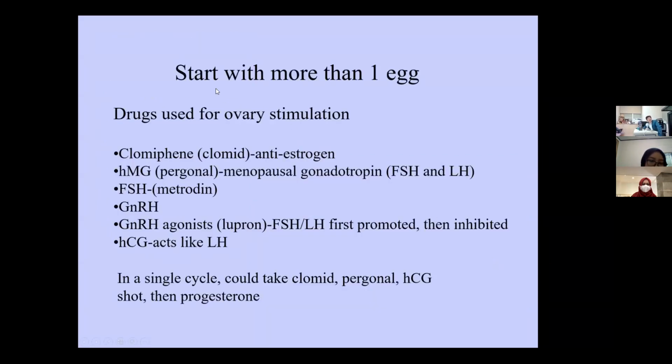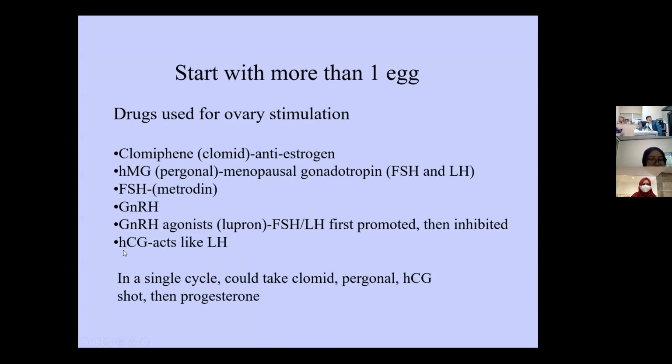So we start with more than one egg. There are so many drugs we can use. Oral is clomiphene, and the injections are like HMG, FSH, GnRH, or Lupron.